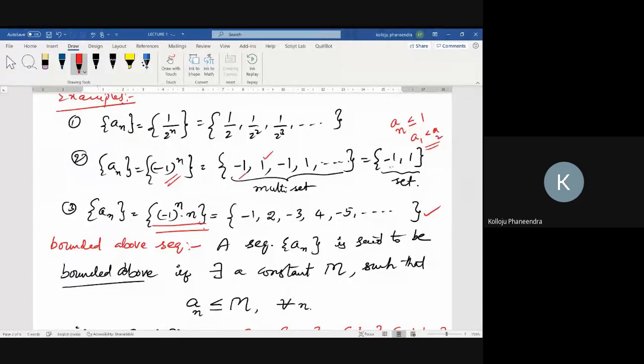This is just an example of a sequence that is not bounded and not monotone. I am showing one example which is not bounded and not monotone. The third example, okay, sir.